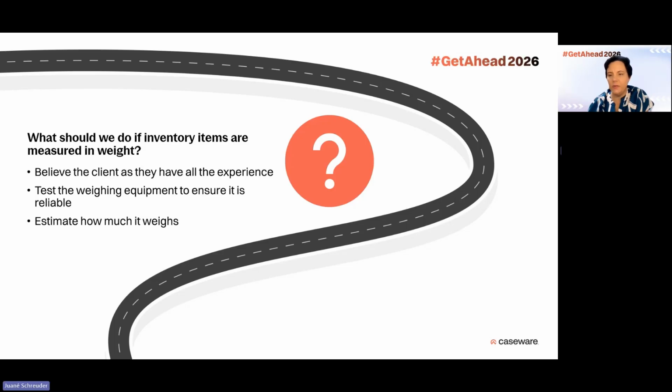Test the weighing equipment. I see that one coming through quite a lot. That seems to be the response. Estimate. Right, sometimes it's not so difficult to necessarily estimate something, but in other cases it really is quite difficult.